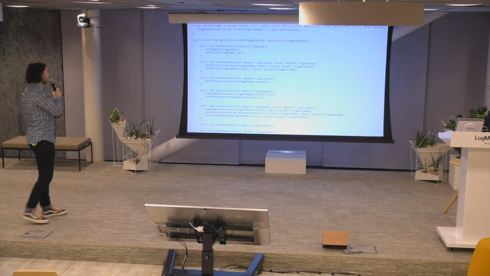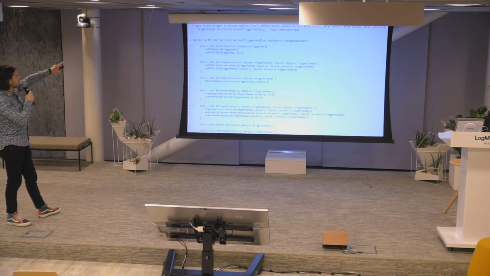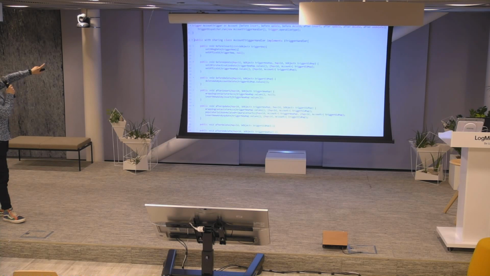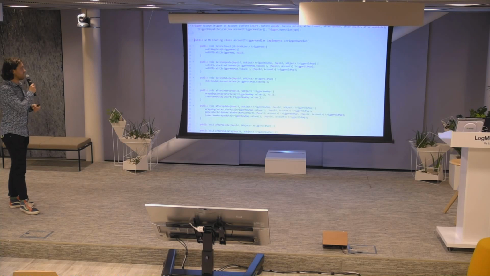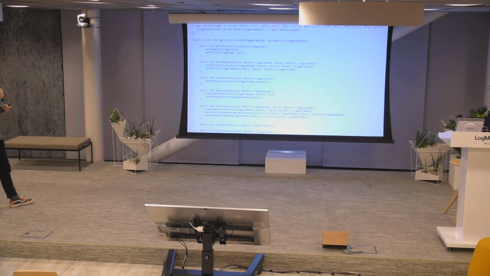Okay, that's a little bit messy, sorry for that. But in the first three lines, you can see our trigger on the account. As I mentioned, we only have one trigger on every object, and every trigger is called the object name and trigger, so it's called AccountTrigger.